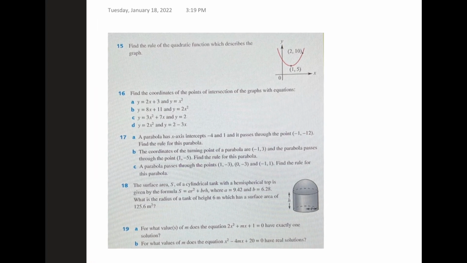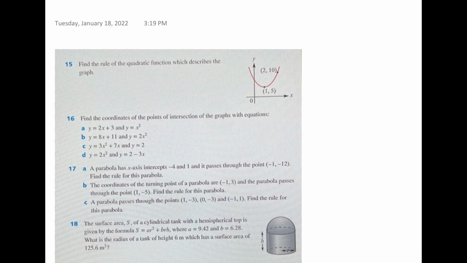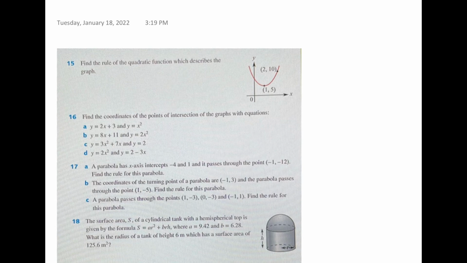Okay, so let's continue with question 15 then. Find the rule of the quadratics function which describes the graph. So when you look at the graph here, first you can see that there is a minimum point given, 1, 5. If they give us a minimum point, basically we can put our quadratics function in the completing the square form.